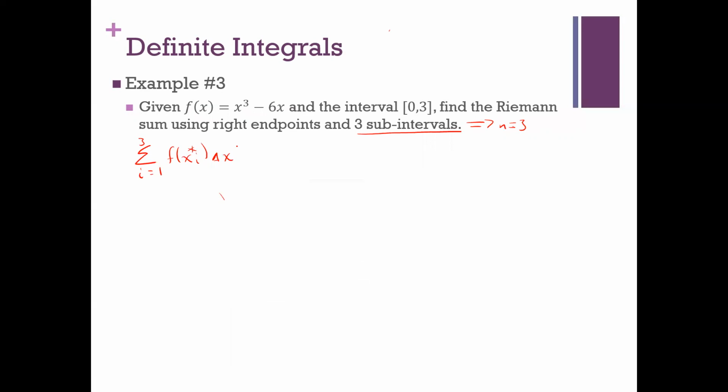Now what we should do is figure out what all the components are. If I want to use equally sized intervals, what's my delta x value going to be? How'd you get 1? Yep, so each one is going to be 1 wide. And then what are my 3 values of x going to be?